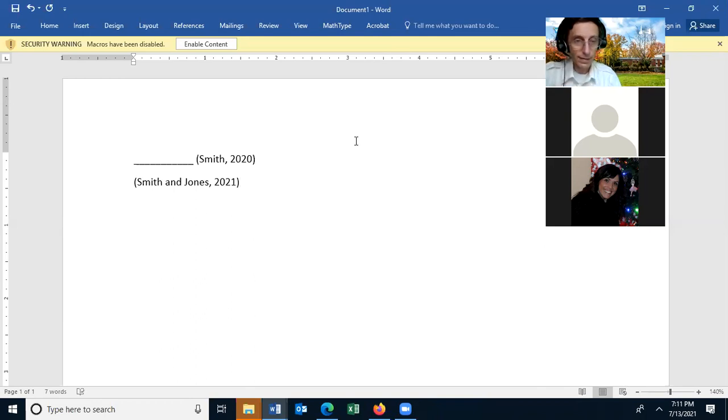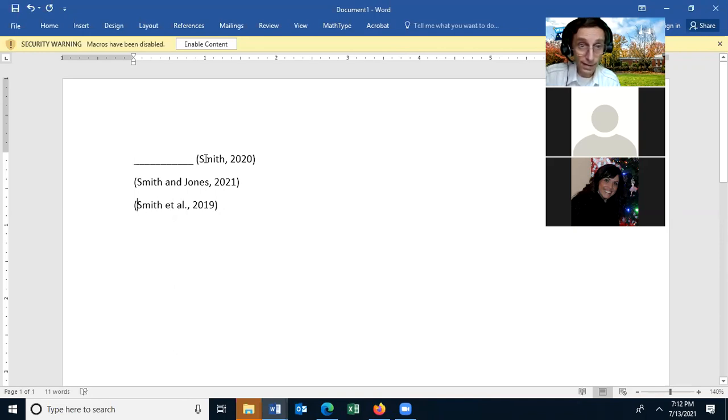And you put it in parentheses. If there's more than 2 authors, you go Smith et al., and then the year. We'll say 2019 here. So that's how you do an in-text citation.